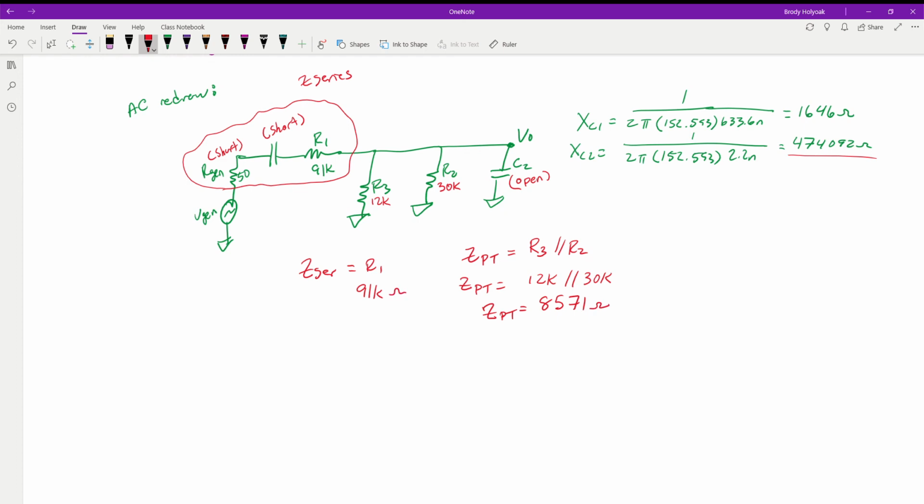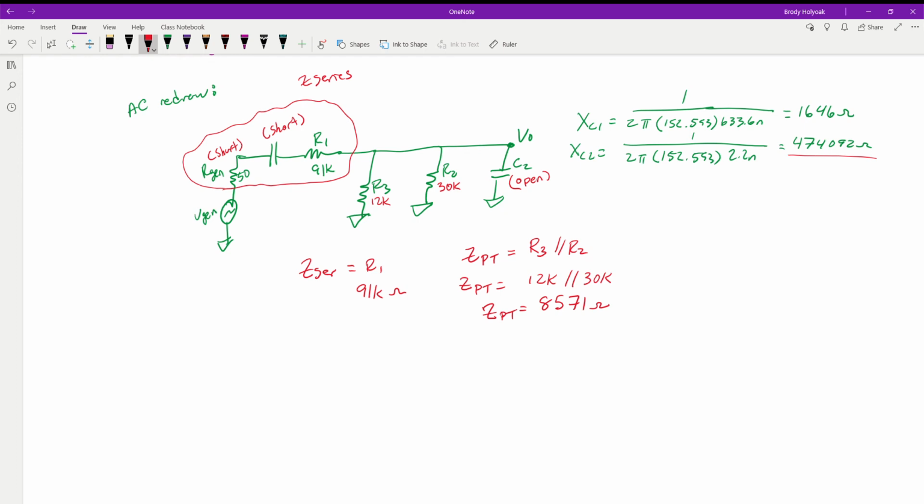Now, since all we have is resistors, because everything else we're treating as not there, we can simply use a voltage divider to solve for this. We don't have to get into the polar math. We don't have to get into finding the phase angle. We're assuming that these aren't going to have a huge effect, and they're going to effectively cancel each other out, and we're going to be left with a zero phase angle.